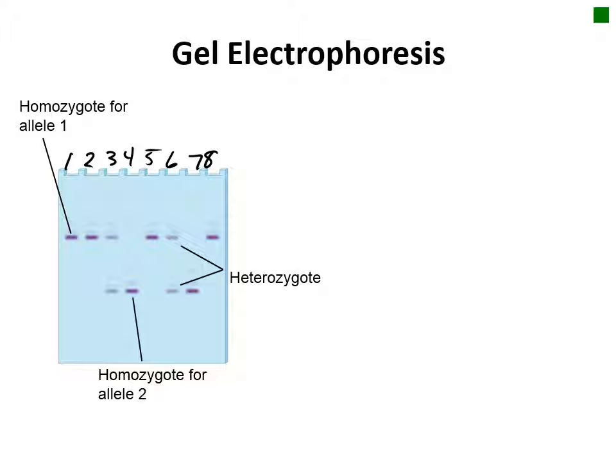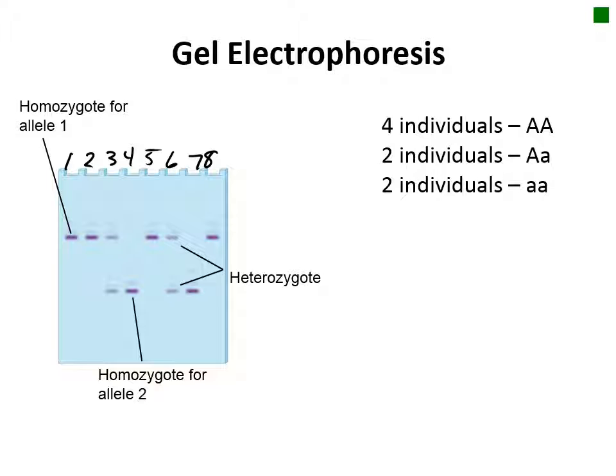The 8 samples produced a gel with 3 different banding patterns. 4 individuals, numbers 1, 2, 5, and 8, had just one band at the allele 1 position. 2 individuals, numbers 4 and 7, had just one band at the allele 2 position, and 2 individuals, numbers 3 and 6, had 2 bands indicating they were heterozygous. We interpret this as 4 individuals homozygous for allele 1, 2 individuals homozygous for allele 2, and 2 heterozygous individuals.